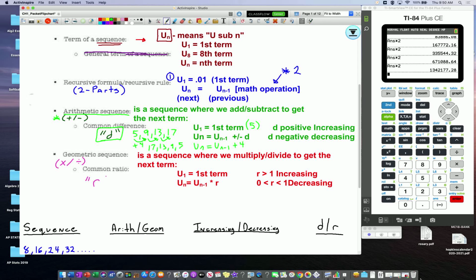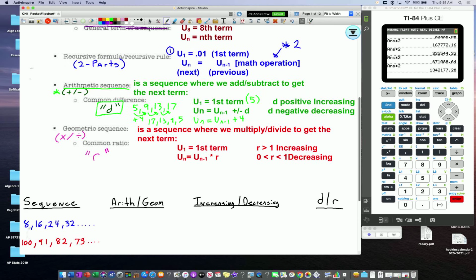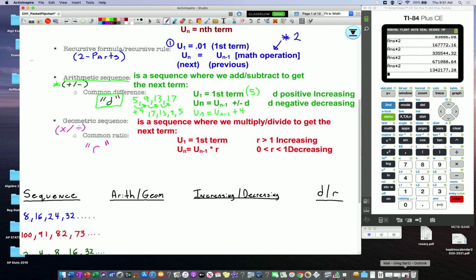All right, last example here, geometric sequences. A geometric sequence is a sequence where we multiply or divide. So arithmetic: add, subtract. Geometric: multiply or divide. The letter that we like to use is the letter R for a common ratio, because something is going up by a percentage or going up in essence by some multiple.